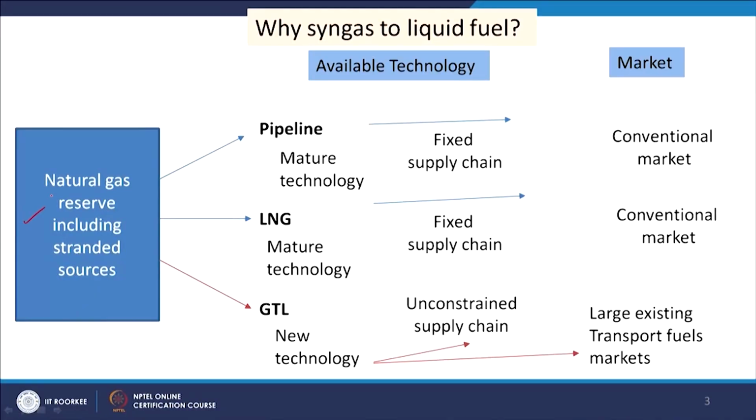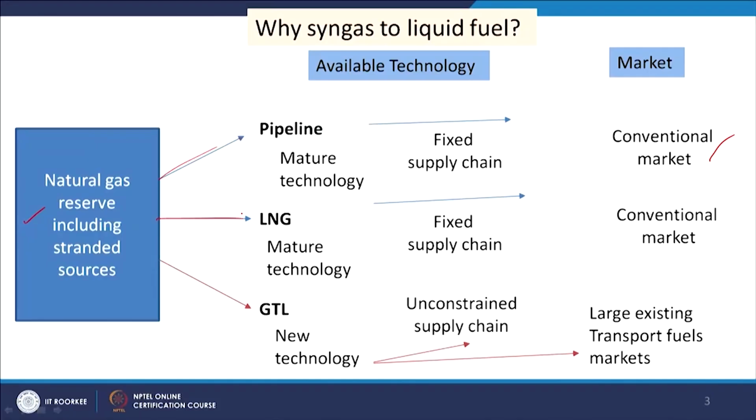Now, we see natural gas which is available in nature. From this reserve it can go through the pipeline and then it can be used in different applications, particularly for heat application, say it goes to the conventional market, or it can be liquefied. For liquefied natural gas, we also have some supply chain arrangement already existing, and then it goes to the conventional market.